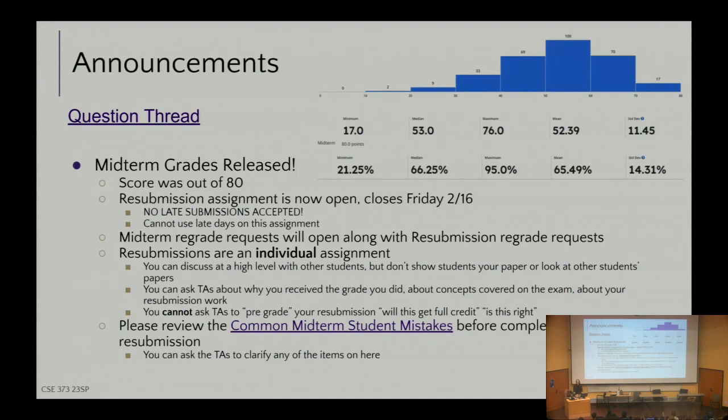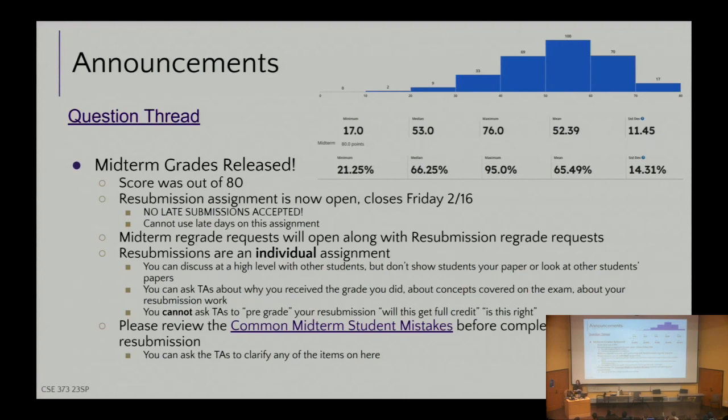So you should now have your grades back. I want you to know this is a very well-scoring exam. This is actually pretty high in average because remember, you have the resubmission.